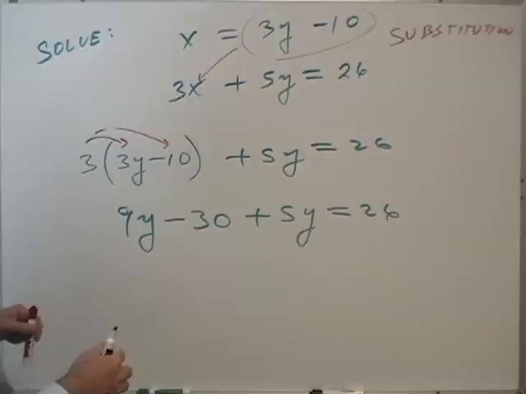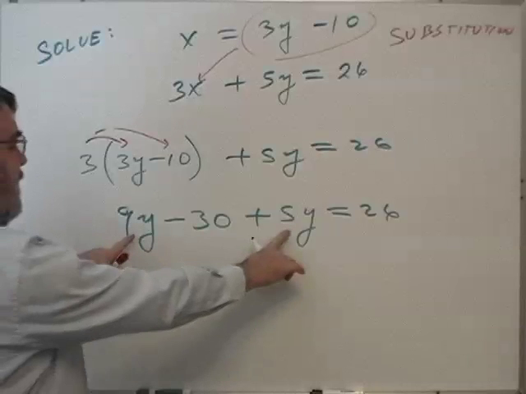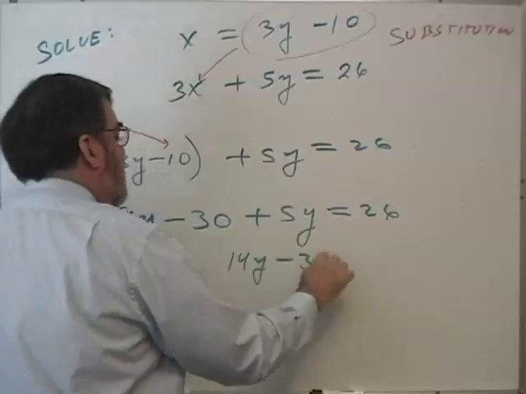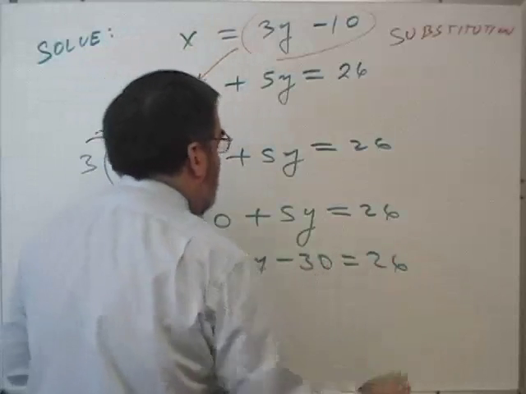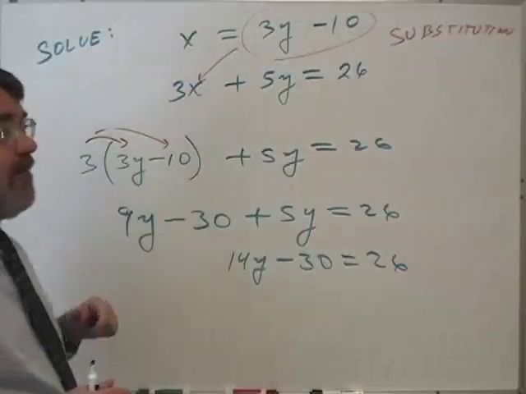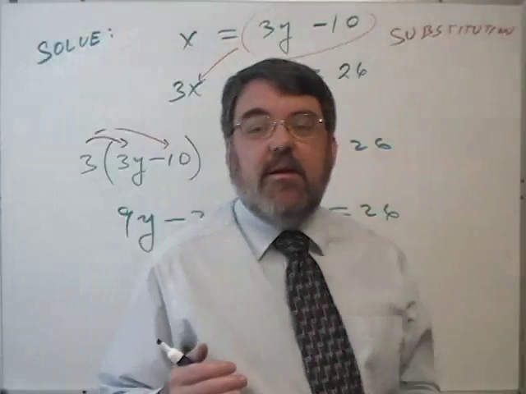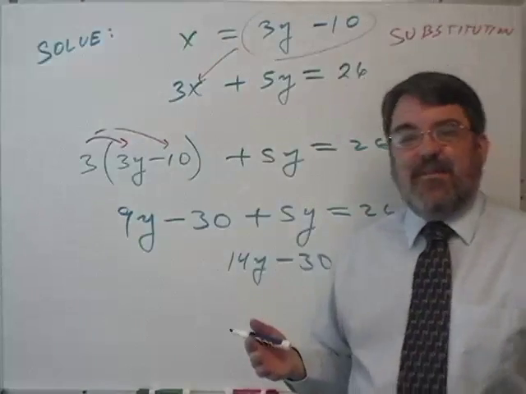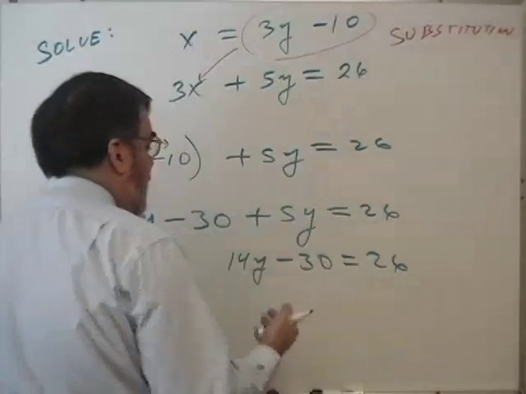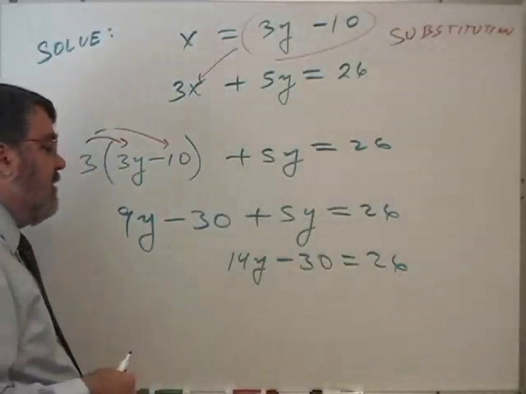And we'll clean this up a little bit. These terms combine, so that's 14y minus 30 equals 26. But look what happened here. By substituting for x in one of the equations, that allowed us to actually eliminate x and then solve for y. And so now I can quickly get a number for y.